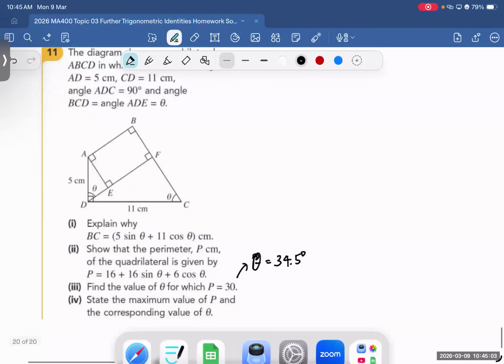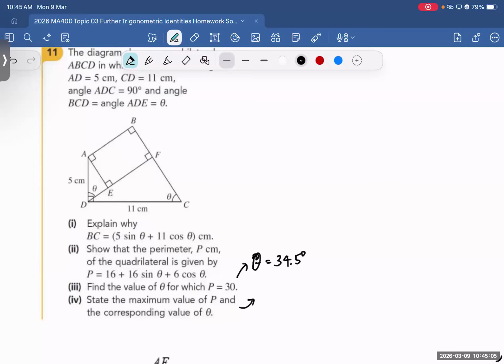Part 4 is 69.4. Come again? What's the maximum value of B? 16 plus square root 2y2, which is about 33.1. Is that okay, sir?